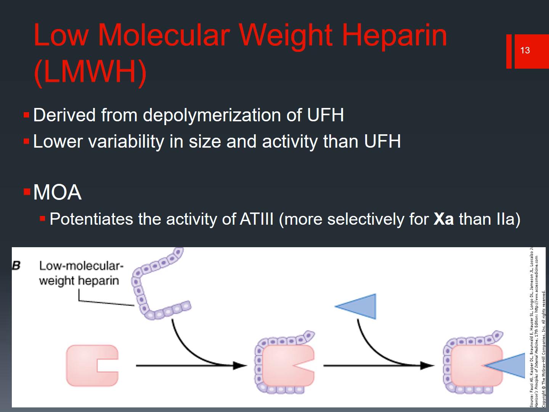However, it is a mixed bag, so sometimes we get longer or heavier molecular weight heparin, and then that would potentiate the activity of antithrombin 3 to be able to inactivate factor 2A. But when we talk about low molecular weight heparins, we are talking more specifically about their selectivity for 10A using antithrombin. They do have the ability to block 2A as well, but not as commonly.